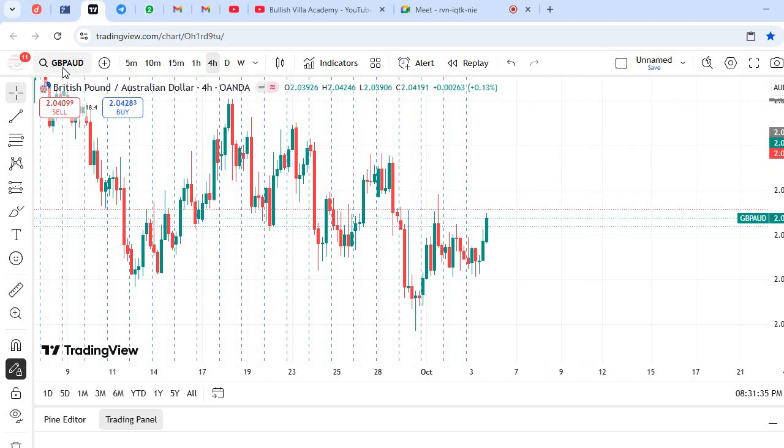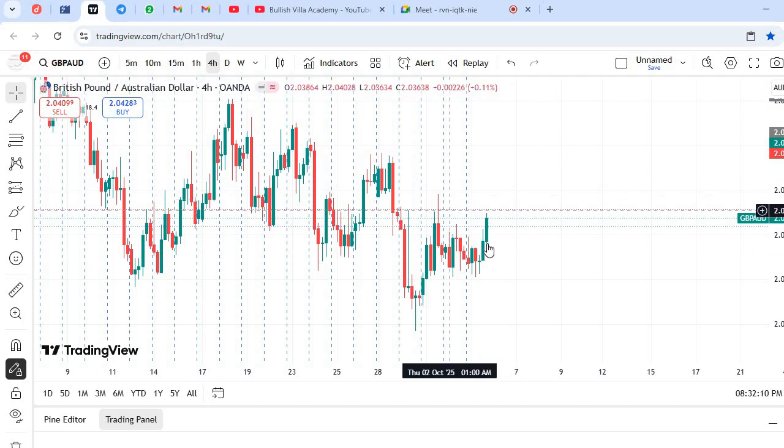So if you want to buy GBP AUD now, what you are trying to say is that you are expecting that GBP, which is Great Britain pounds, will gain more power, more strength, while AUD, which is Australian dollar, will become weaker. If you are buying GBP AUD, you are predicting that GBP as a currency will gain more strength, while AUD will become weaker.